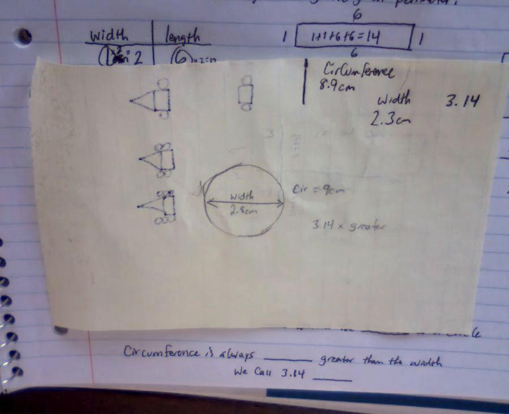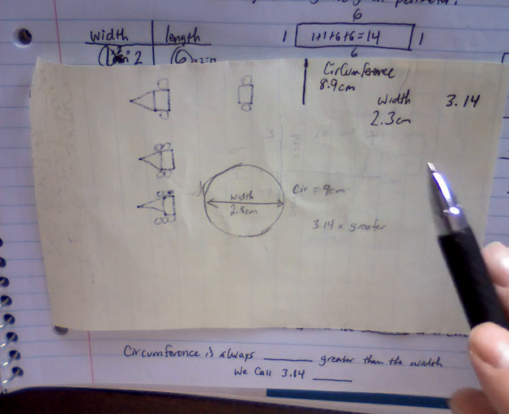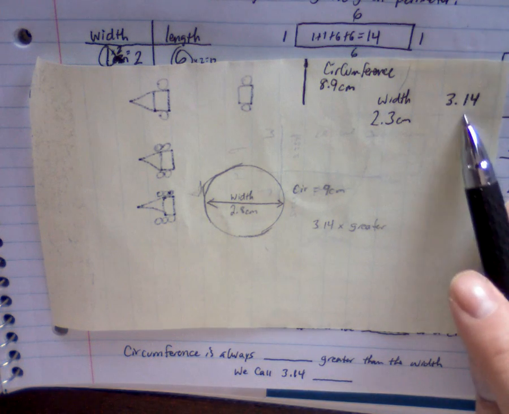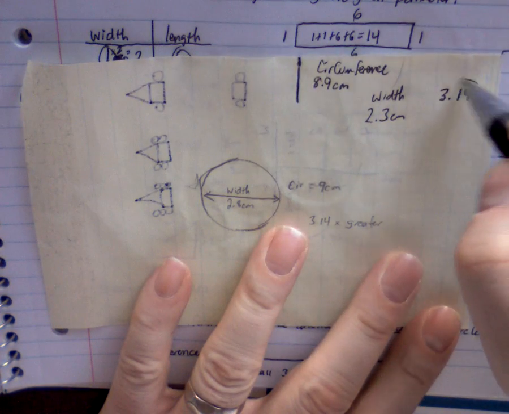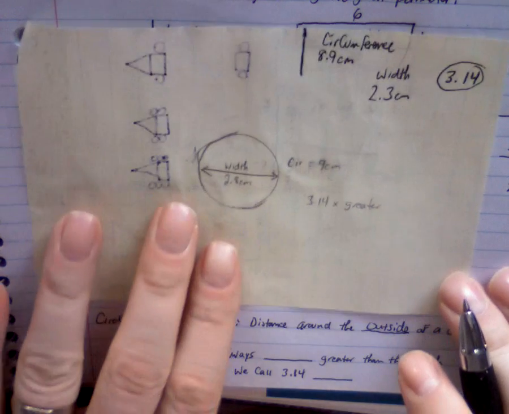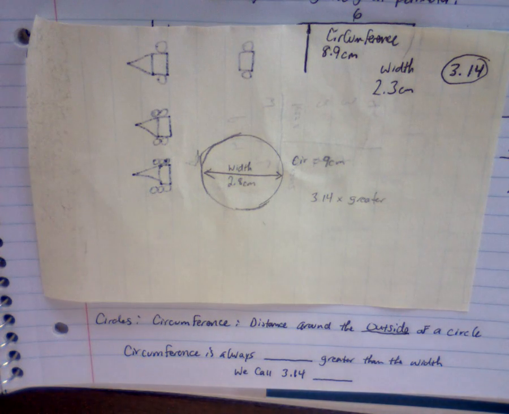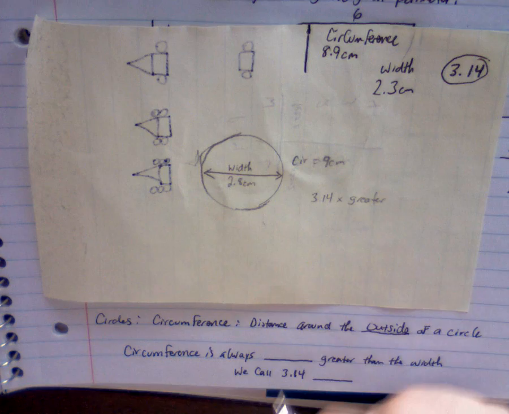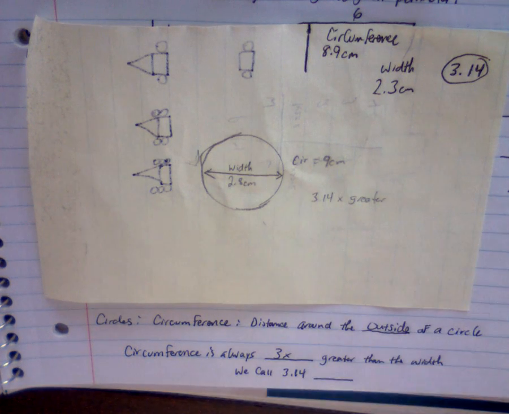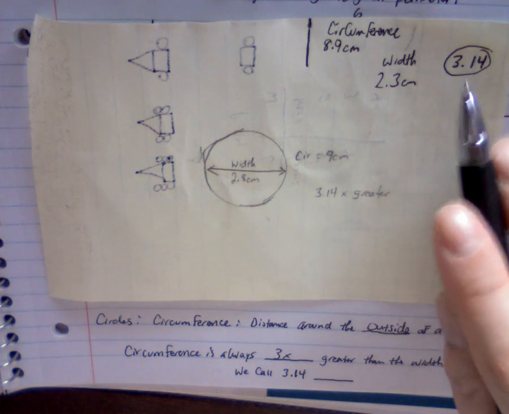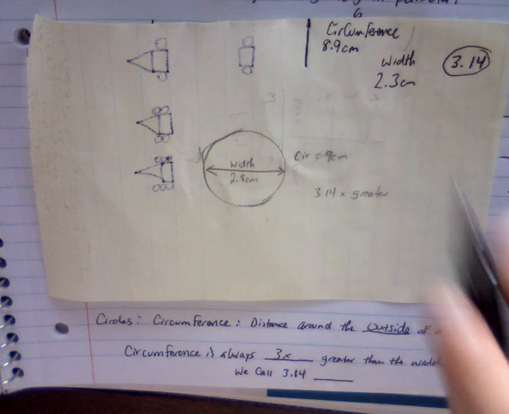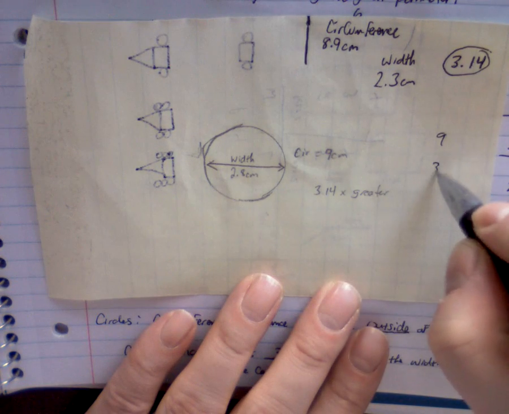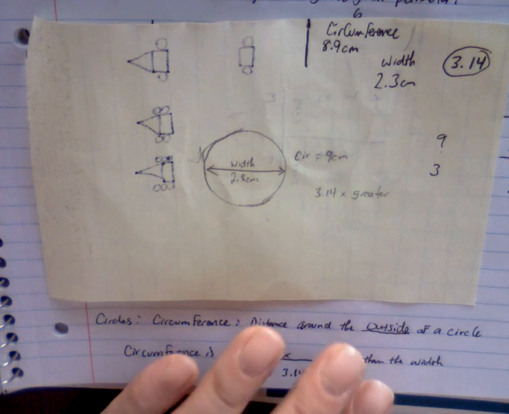And so when you divide the circumference by the width, you should get this number all of the time, okay? Because the circumference is always 3 times greater. That's what that means, that it's 3 times bigger, right? So if you had 9 and you had 3, it would be 3 times bigger.